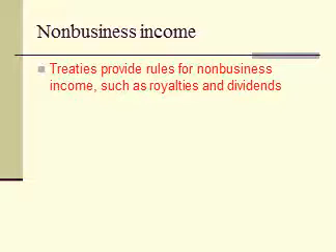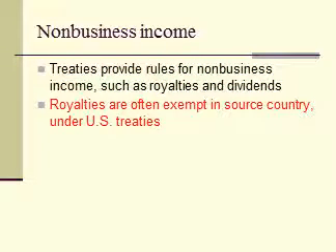Non-business income for this purpose is income that is not business profits as defined by the treaty and is not attributed to a permanent establishment in the country. Our primary concern in this course is royalties, and this is the only type of non-business income we will discuss.